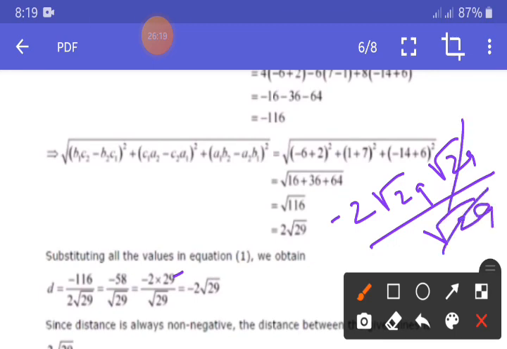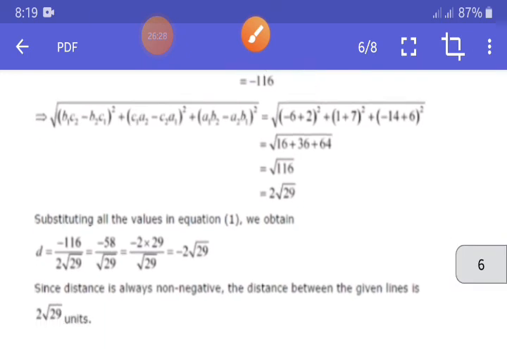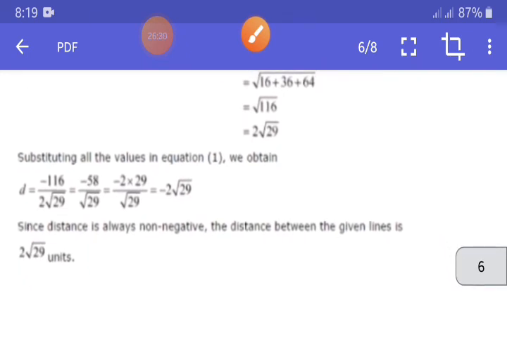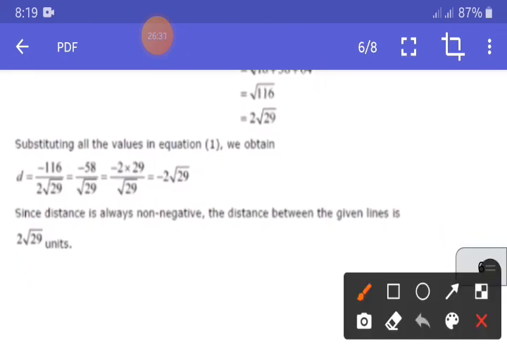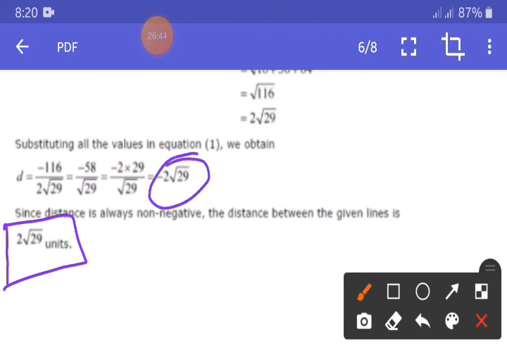The square root of 29 cancels, then we have minus 2 square root of 29. Since the distance is always non-negative, the distance between the given lines is 2 square root of 29. So we neglect the negative.